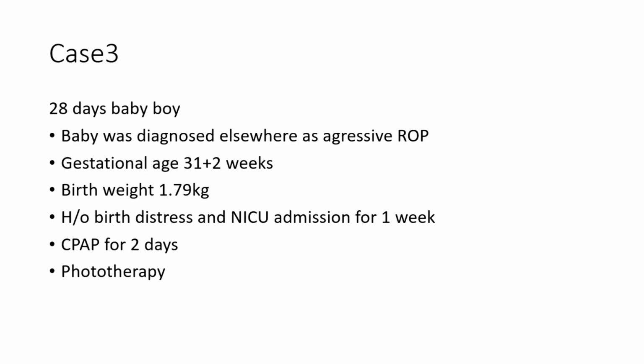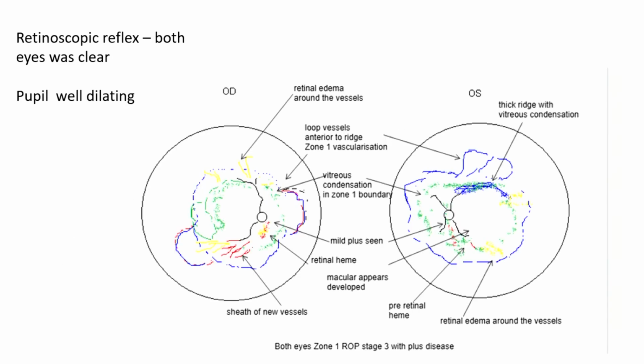Now, coming on to my third case, a 28 days baby boy, diagnosed elsewhere as aggressive ROP, gestational age of 31 plus 2 weeks, birth weight 1.79 kg, history of birth distress and NICU admission for 1 week, CPAP given for 2 days, and history of phototherapy. Retinoscopic reflex in both eyes was clear, and pupils were well dilating.